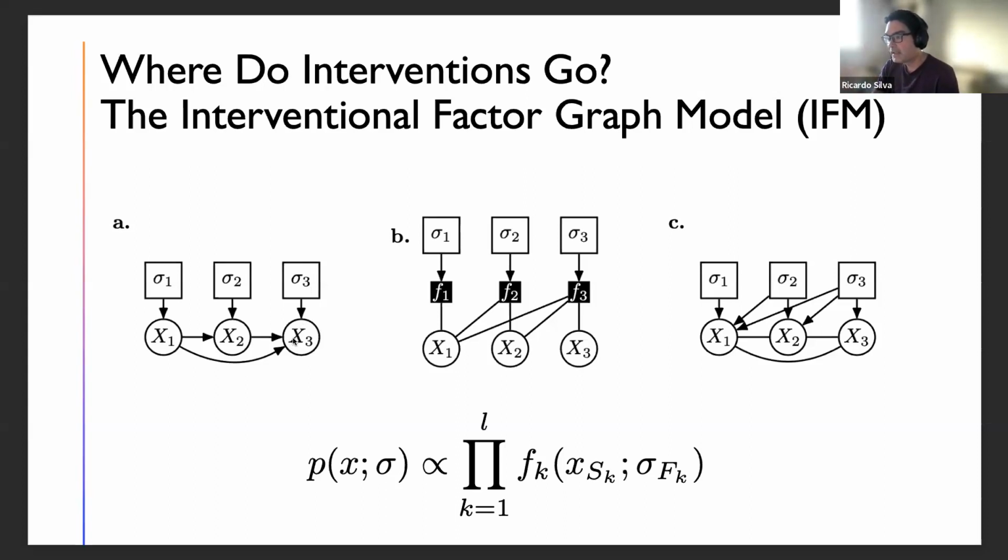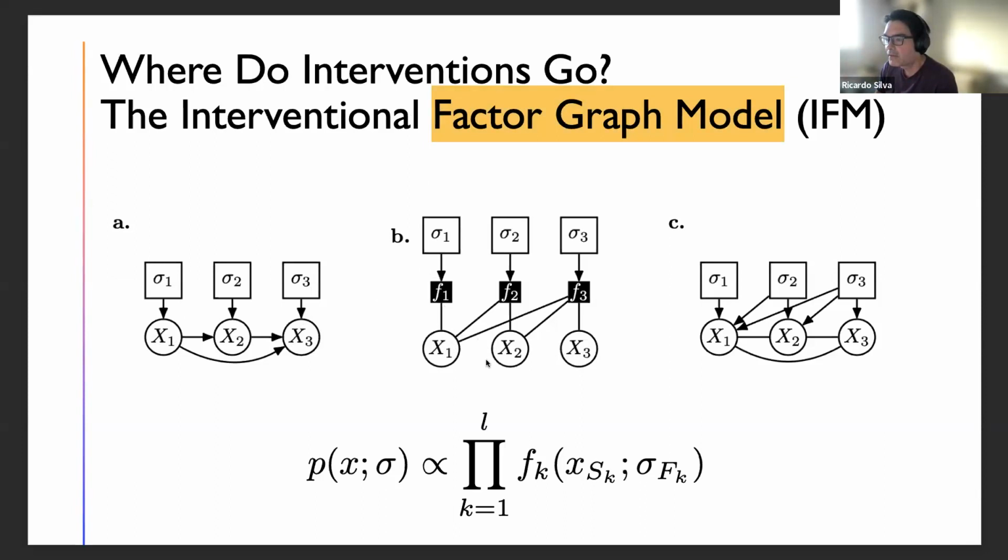One way of understanding this in terms of energy-based models is to say that what you end up with is just factors that depend on subsets of variables and subsets of intervention variables. In the graphical model literature, you already have a language for that called a factor graph model, where you indicate the interactions that you have.